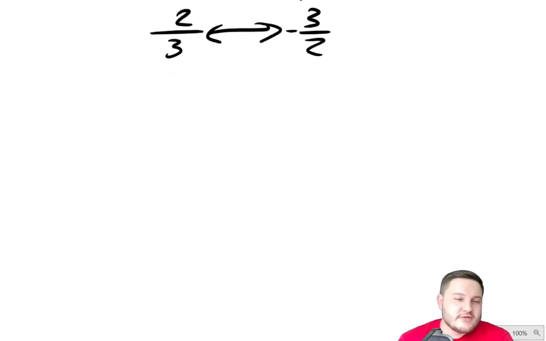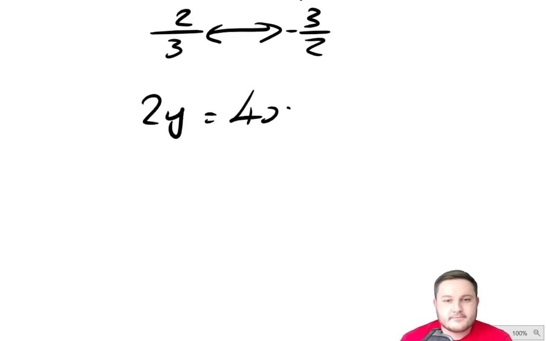Now, sometimes you might be given something that looks like this. And it might say, okay, what is the gradient? And it's very, very easy to say the gradient is 4, when in actual fact the gradient is not 4. The gradient is only the coefficient of x if it is y equals, but this is not y equals, this is 2y equals something.